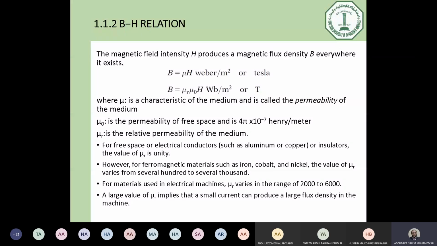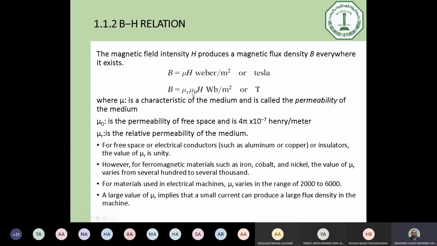So how can we say this material is good enough to be used in a magnetic circuit for electrical machines, for any application? We have to define this term, which is mu. Mu is the permeability of the material, and this variable, mu, is a function of two variables.